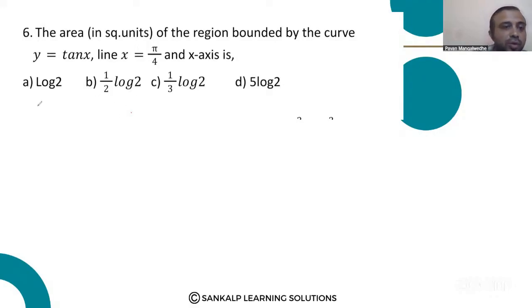Again, 30 seconds for you students. Try to solve this. The area in square units of the region bounded by the curve y is equal to tan x, the line x is equal to pi by 4, and the x-axis is what?